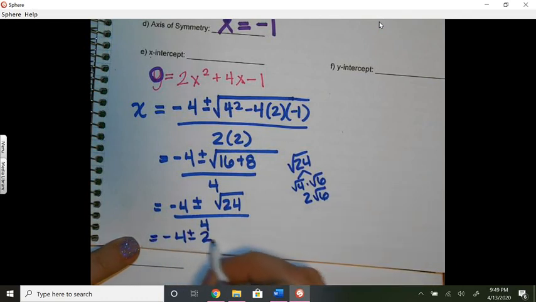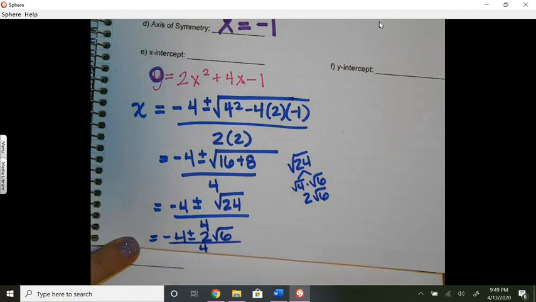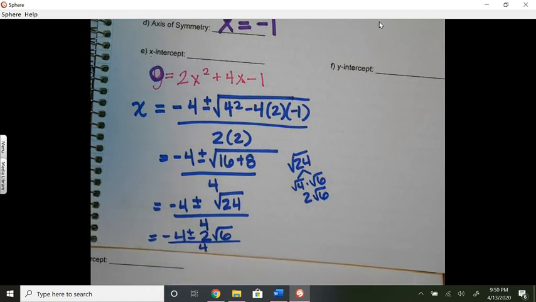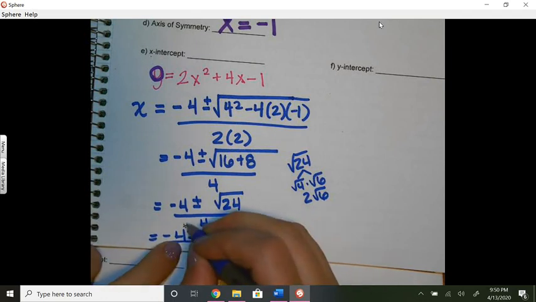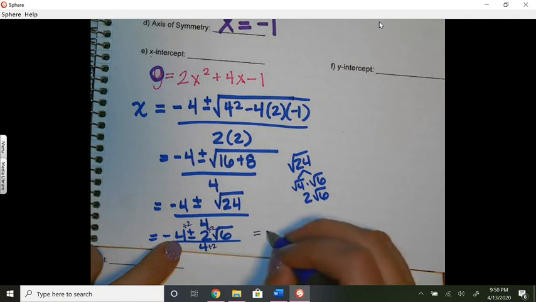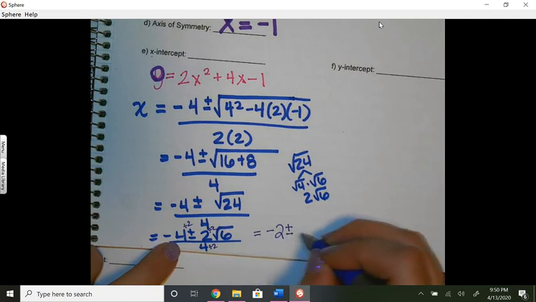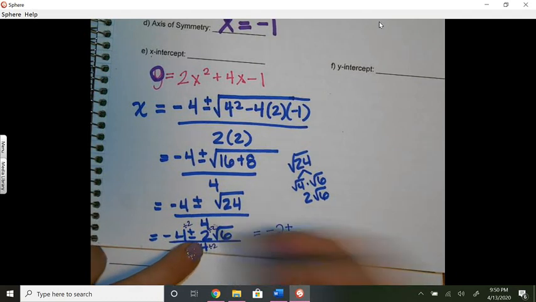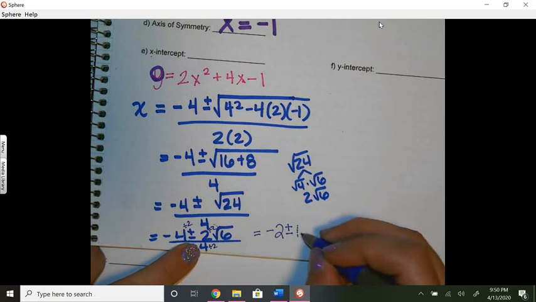We get 2 root 6 when we simplify the square root of 24. And then after we simplify the square root, we look and see if anything can go into all three of these numbers here. And so 2 can go into all of these numbers here. So we would get -2 plus or minus root 6, and 2 divided by 2 here is just 1, so we don't need to put it.